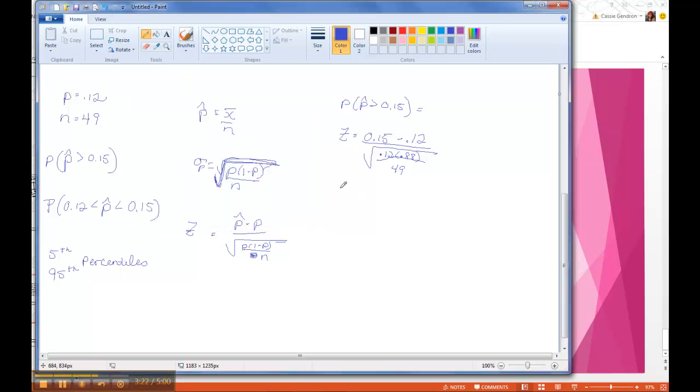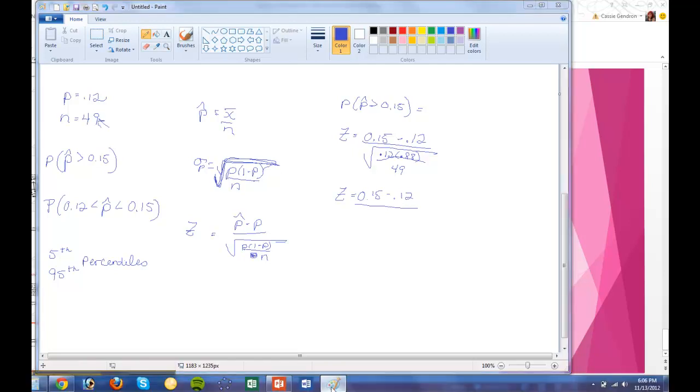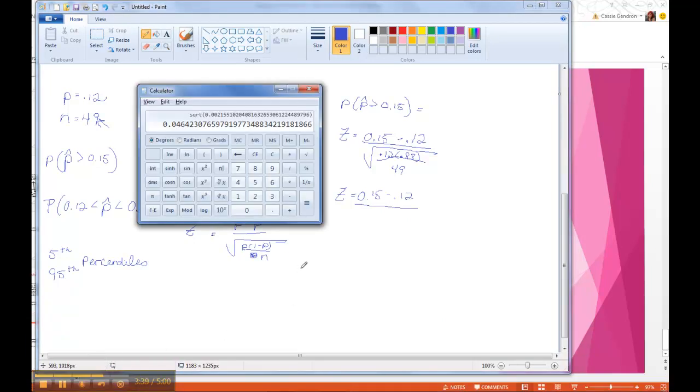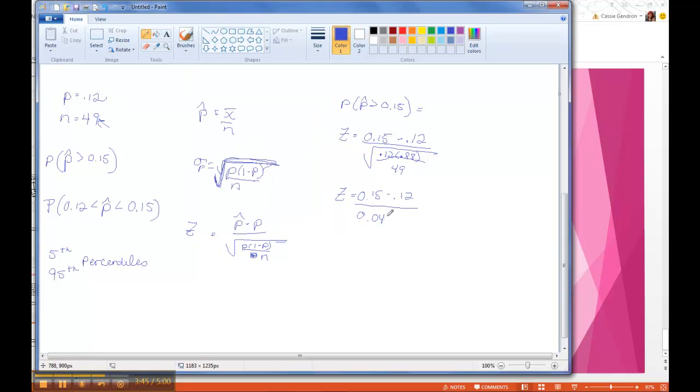So that gives me z equals 0.15 minus 0.12. Again, we're assuming normality because we're bigger than 30. So that's 0.046.